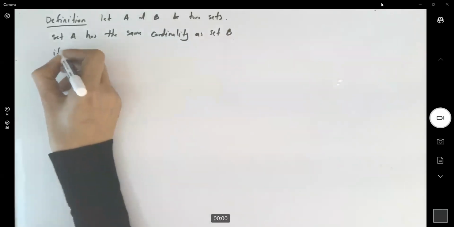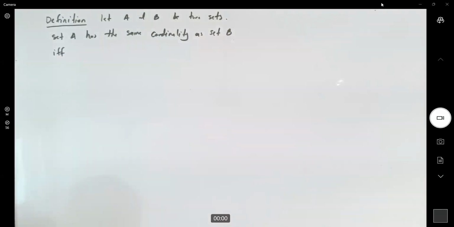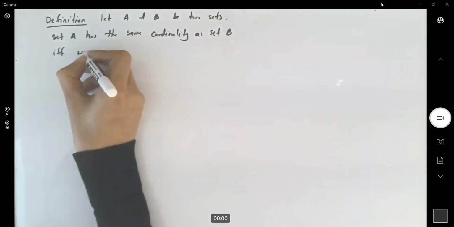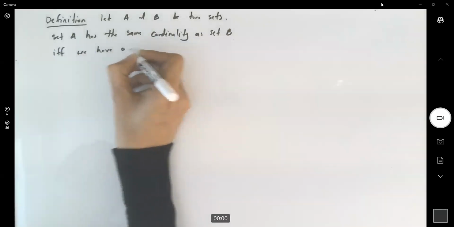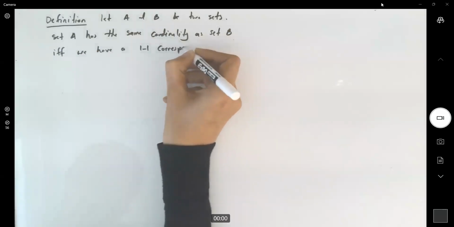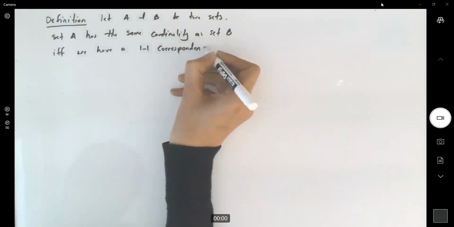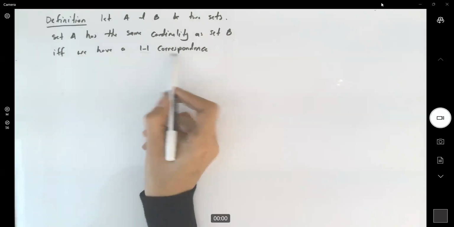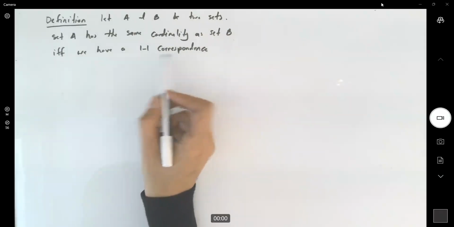if and only if you can find a one-to-one correspondence. You have a one-to-one and onto function.